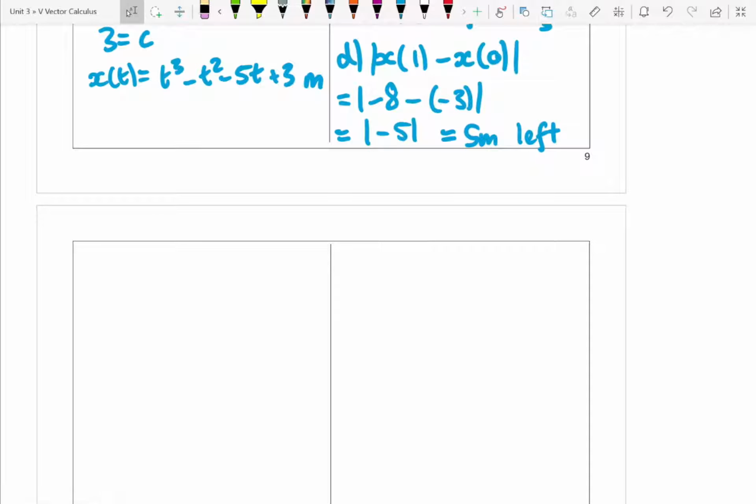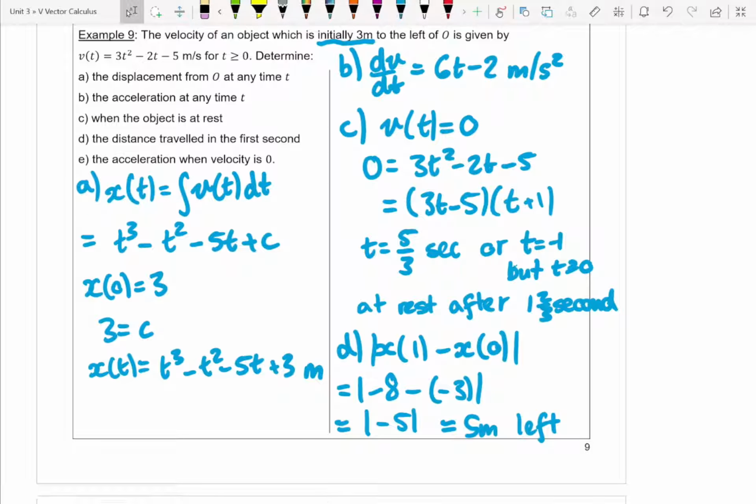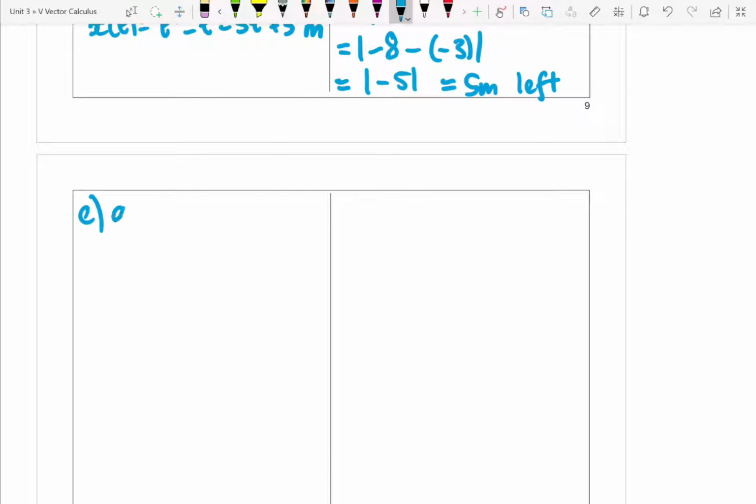And the last thing we're asked to find is the acceleration when the velocity is 0. So we know the velocity is 0 at this point, 5/3 second, so we're just finding a of 5/3. So substituting that into the equation that we found, we get that a was equal to 6t, so 6 times 5/3 plus 2, I believe it was.